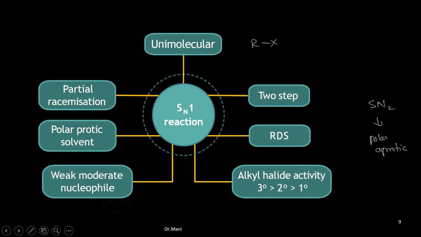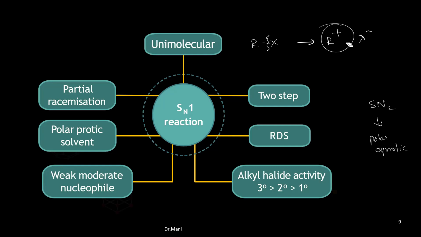So remember, if you learn the SN2 reaction and compare it with SN1, you will be remembering both the reactions at a time. That will be a very easy way. Instead of studying SN1 and SN2 separately, study them by comparing each other. And the rate determining step is the formation of this carbocation. The X breaks away, turning into R plus and X minus.